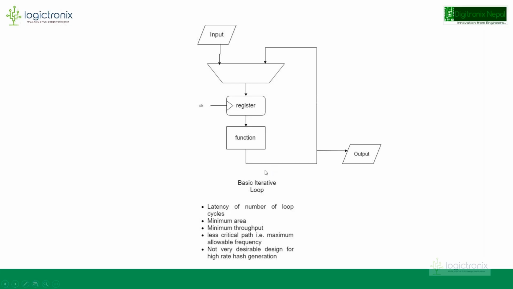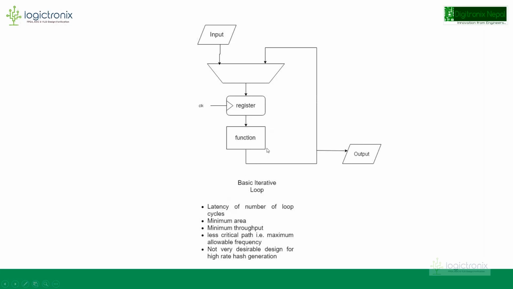So what are the characteristics of this design? The first characteristic is that it has latency equal to the number of loop cycles. If it is repeated 24 times, then it has a latency of 24 clock cycles. So in case of Keccak, it's 24 cycles.